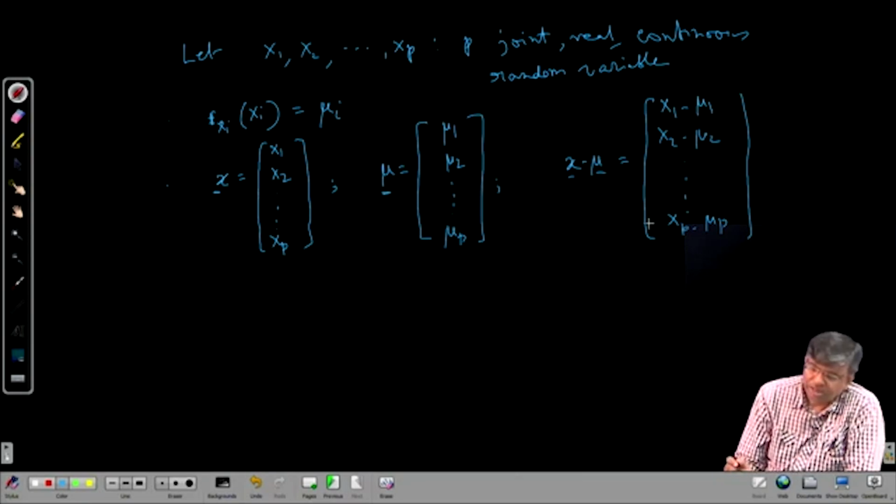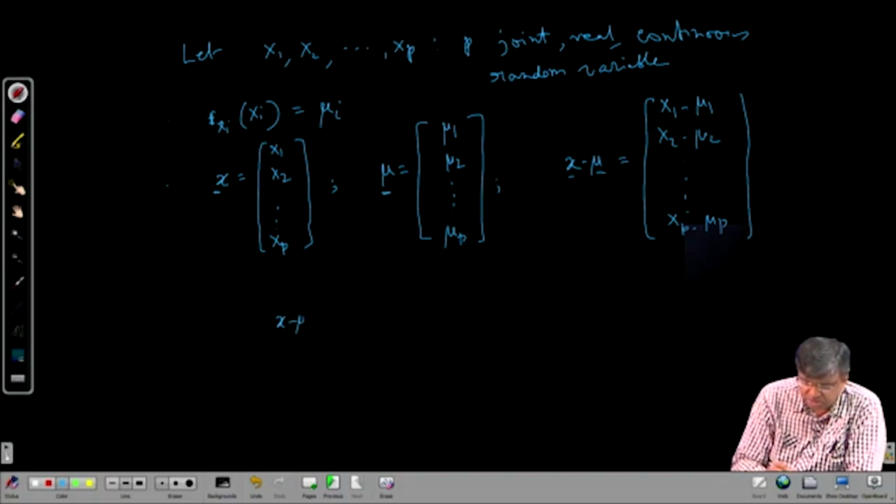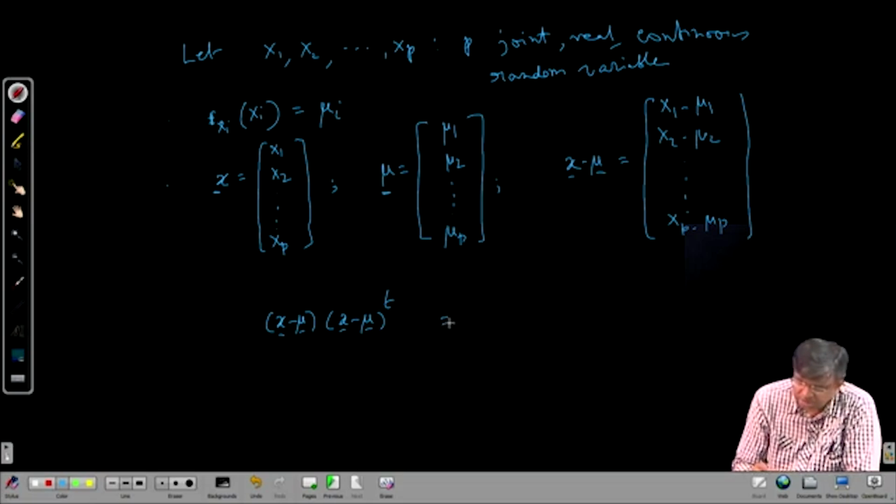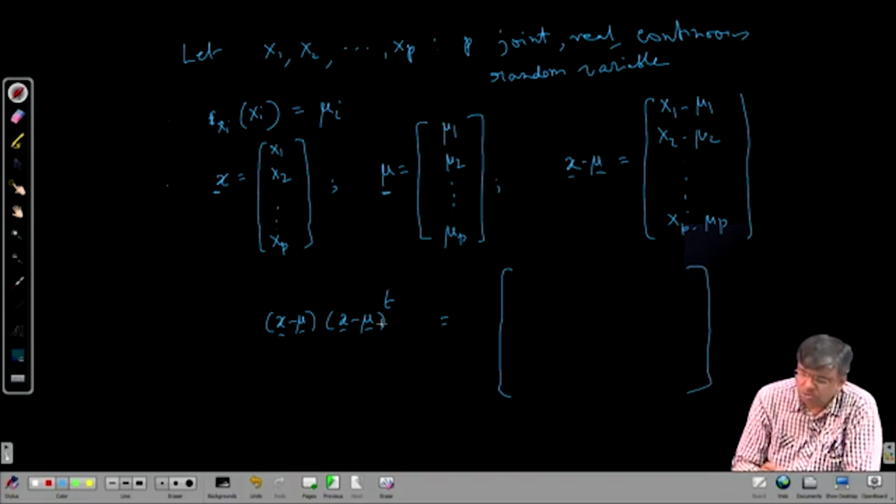Okay. Now, if I consider this x minus mu vector as it is, this column vector, into its transpose, it will be a matrix, column into row.